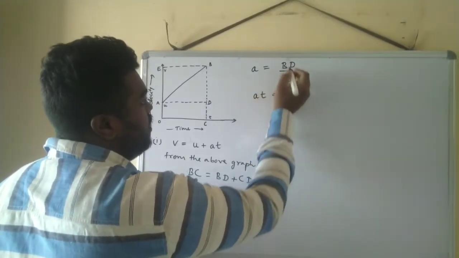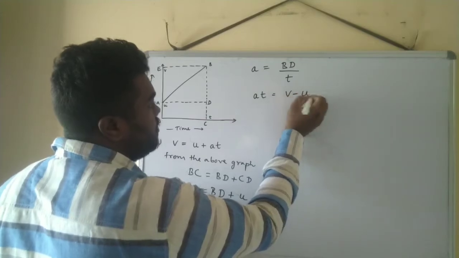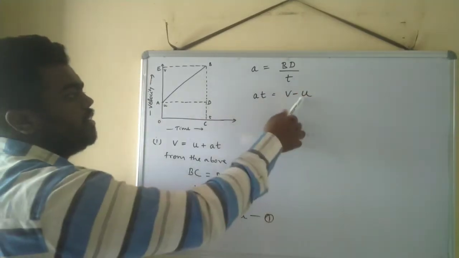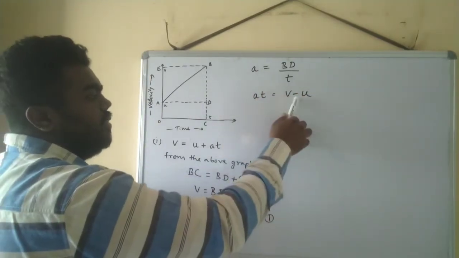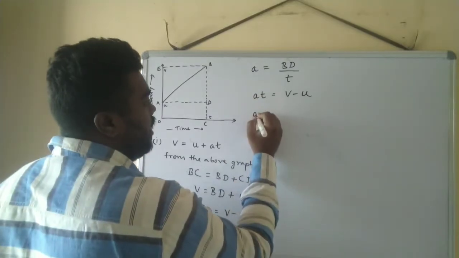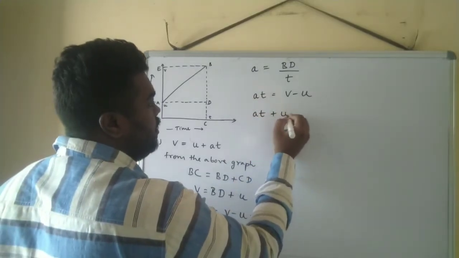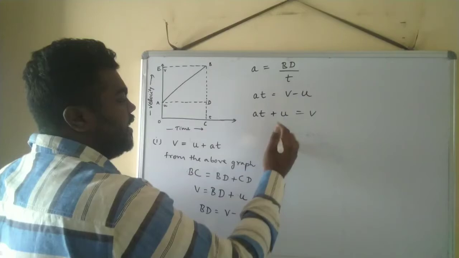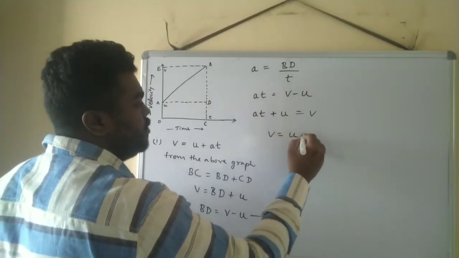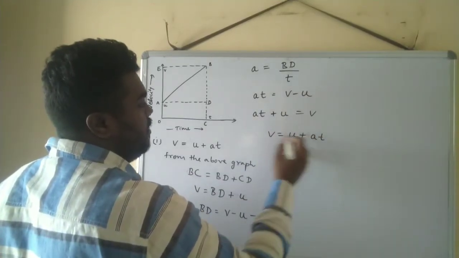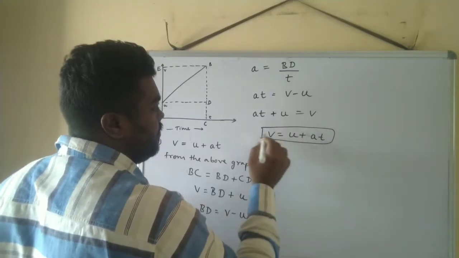AT is equal to V minus U. Now taking this minus U to the left side, it becomes plus. So AT plus U is equal to V. When I write it in proper order, it becomes V is equal to U plus AT. This is our first derivation.